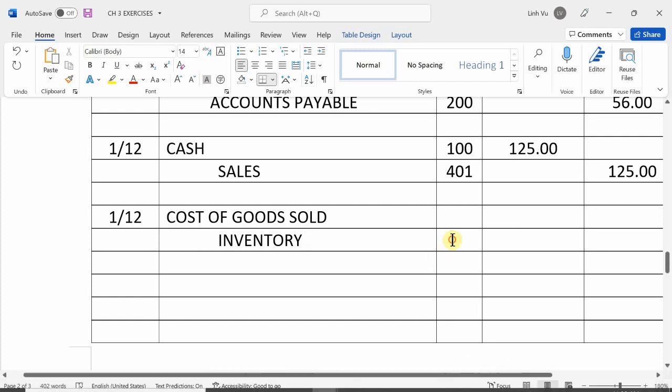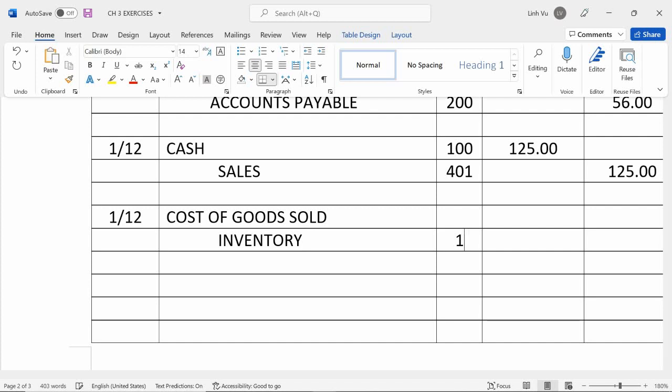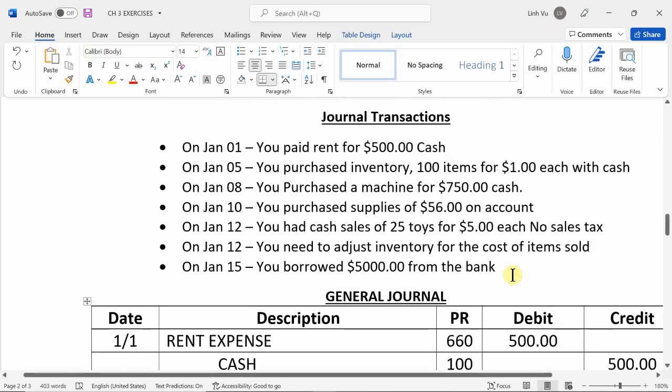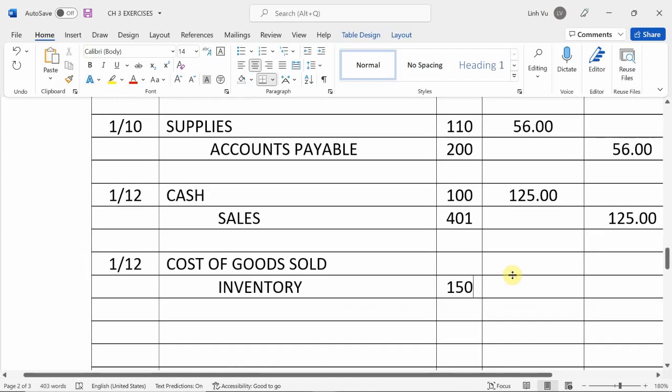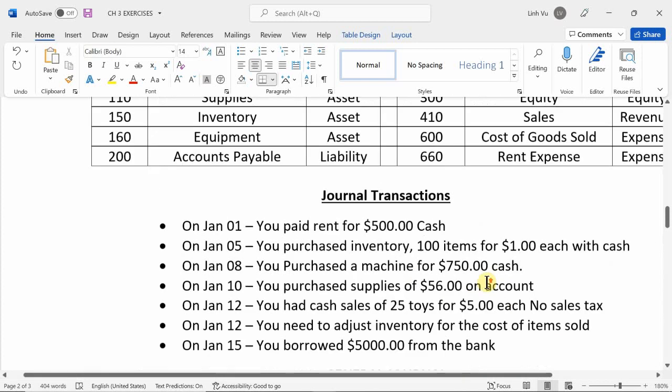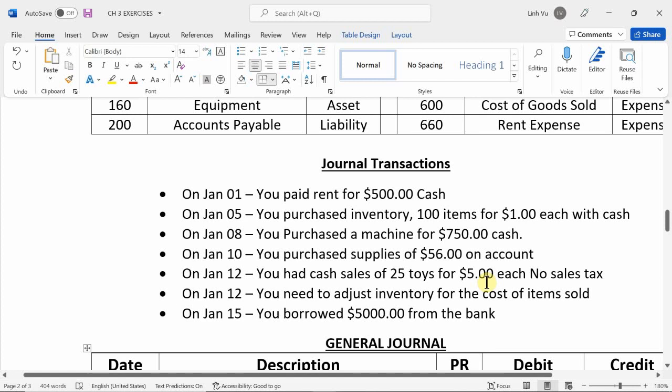Now, in this case, how much is going to be the amount that I'm going to be calculating? Cost of goods sold 600. No, right here. That's the account number. So in this case, I sold 25 toys. When I purchased my toys, how much did it cost me? 125. More specifically, how much was it per item? No, 5. That's what you sold it for.